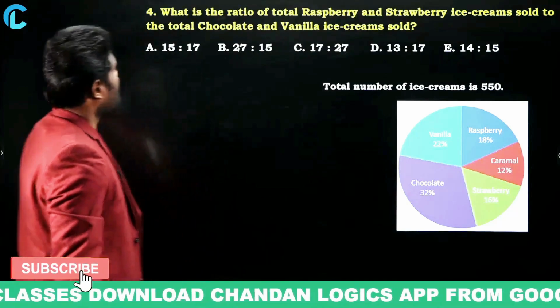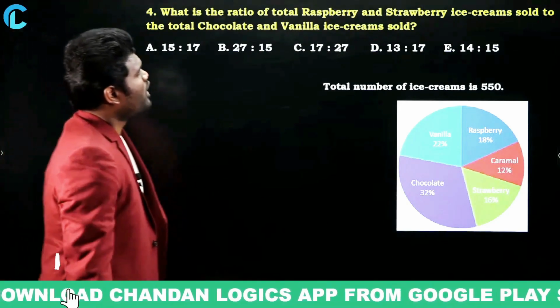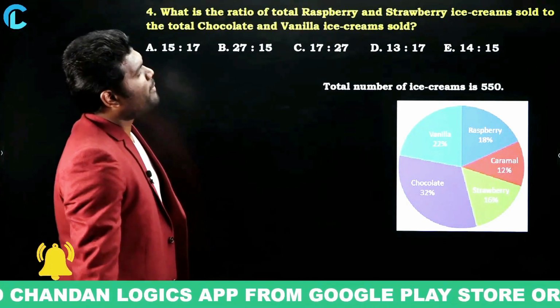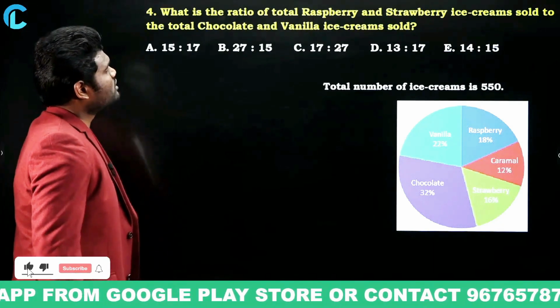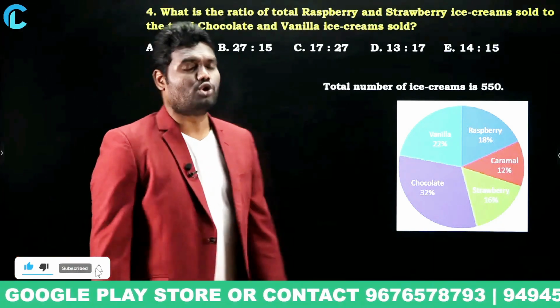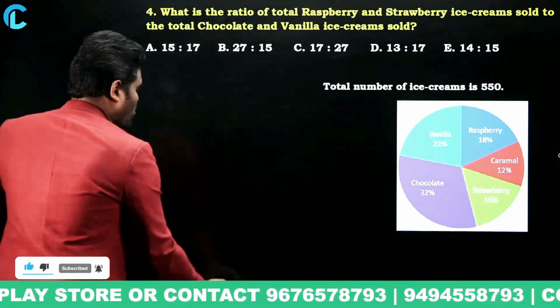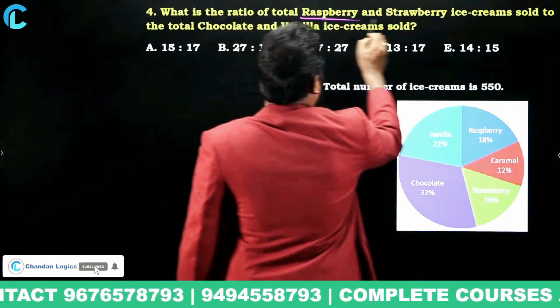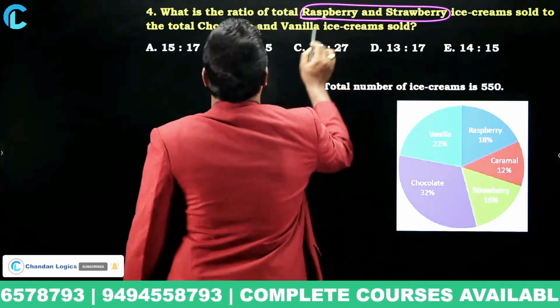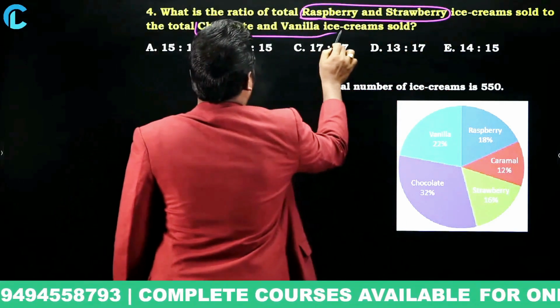Just look at this question. What is the ratio of total raspberry and strawberry ice cream sold to the total chocolate and vanilla ice cream sold? So I need to find the ratio for raspberry and strawberry combined and chocolate and vanilla combined.